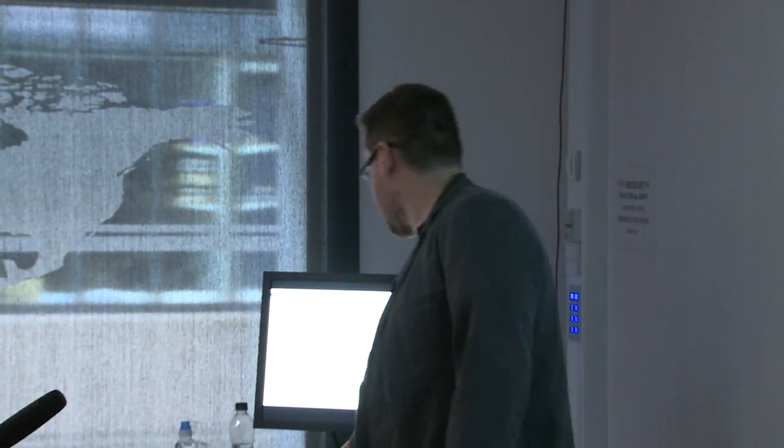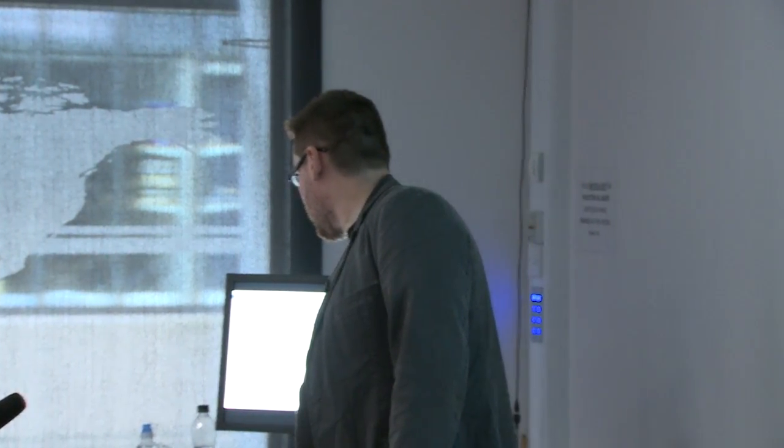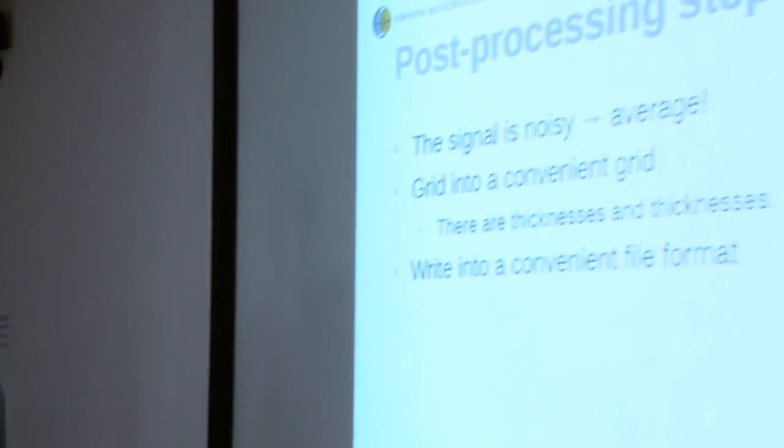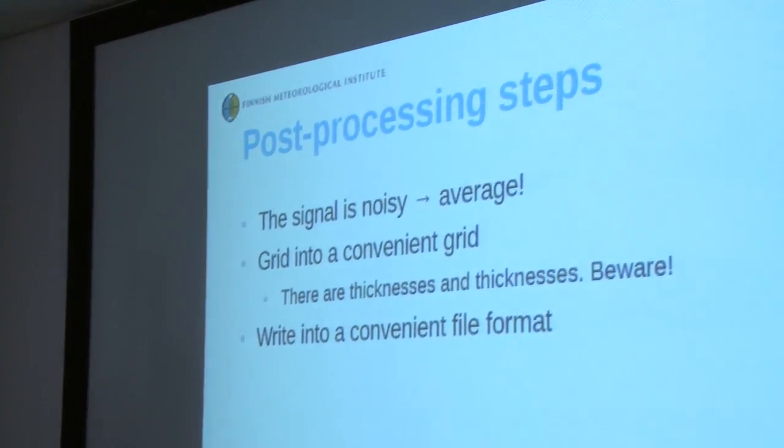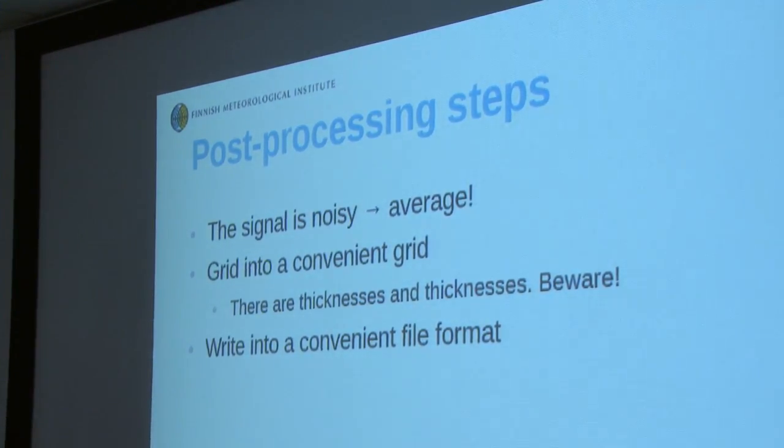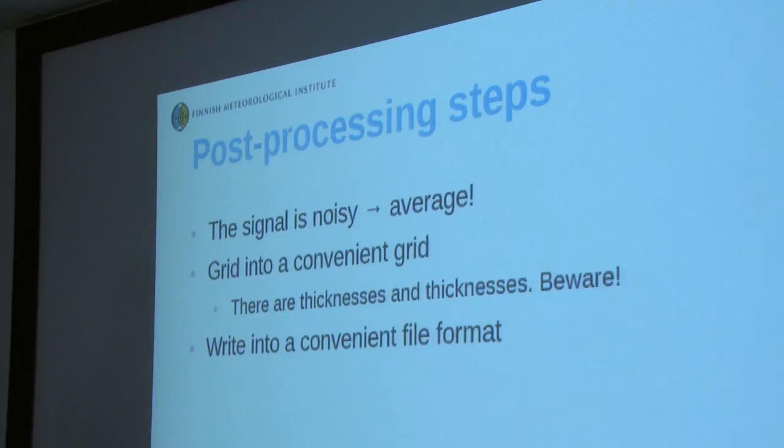So do not throw good noisy measurements away. Grid the thicknesses into a convenient grid. You need a large enough number of measurements. So for CryoSat, we're talking about in the ballpark of 25 by 25 kilometers over a month or so.